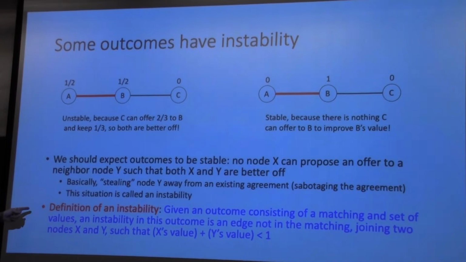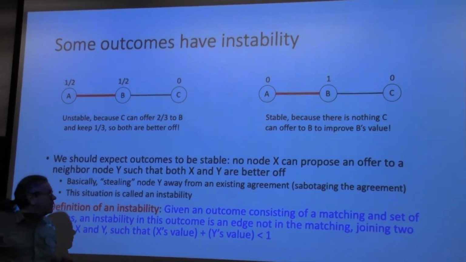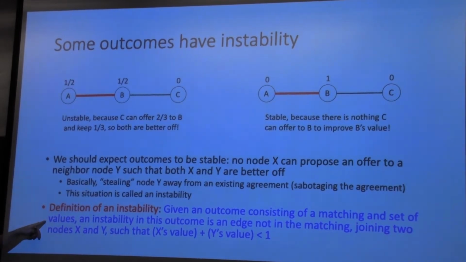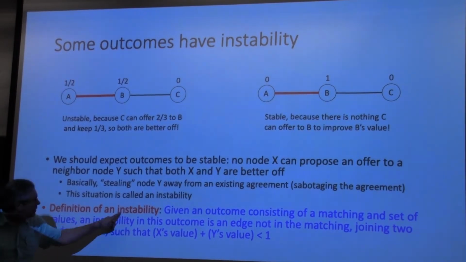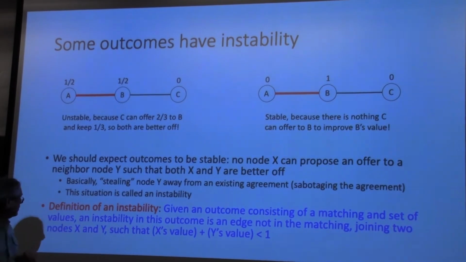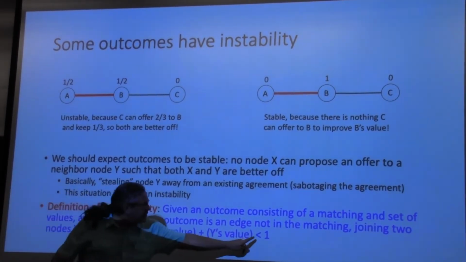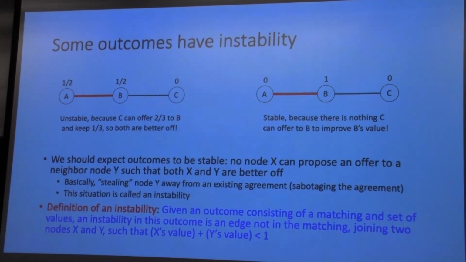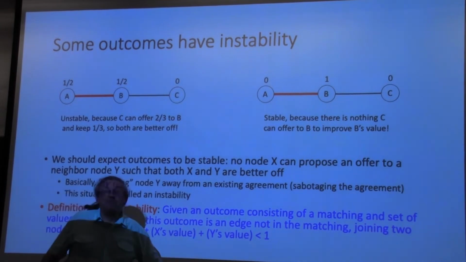Okay? And we can give a formal definition of this. Given an outcome, a matching and a set of values, an instability is an edge which is not in the matching, like BC, joining nodes x and y such that the sum of the two is strictly less than 1. If that's the case, then x can steal. X can propose an improvement.